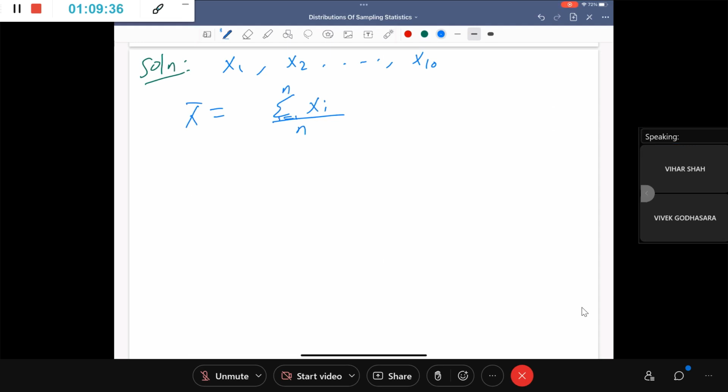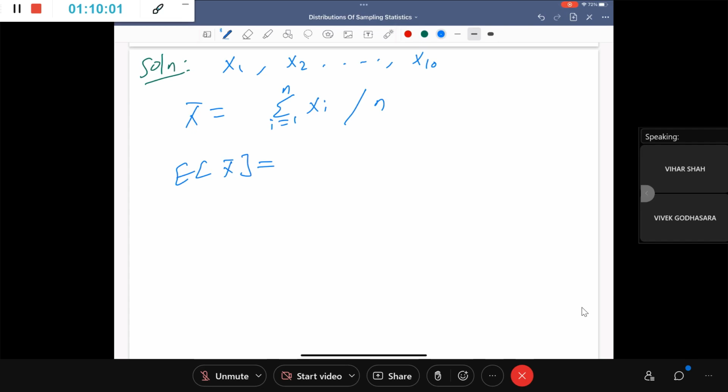Yeah. Now, what is the expected value of this mean? What is the expected value of x bar? What is E of x bar?